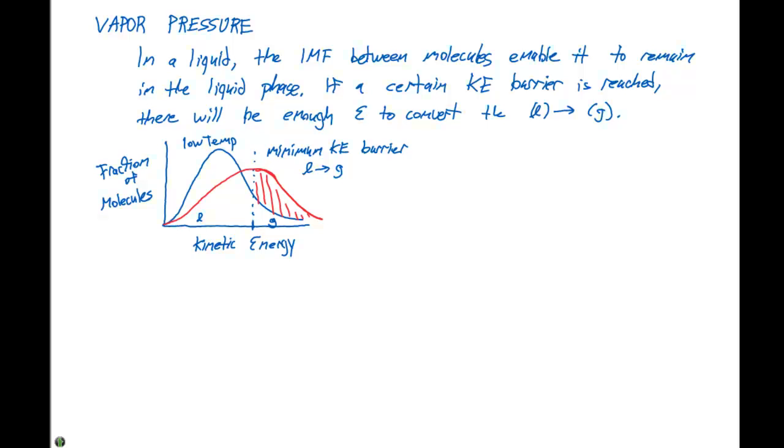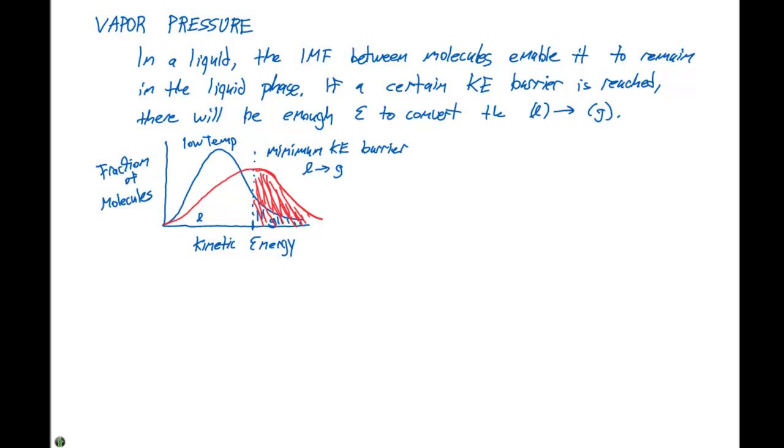So at the low temperature, we only have a small fraction of molecules in the gaseous state, but at a higher temperature, we additionally have these extra molecules in the gaseous state. So it takes this whole section of the curve right here.